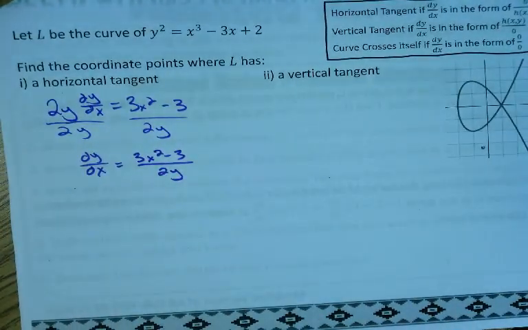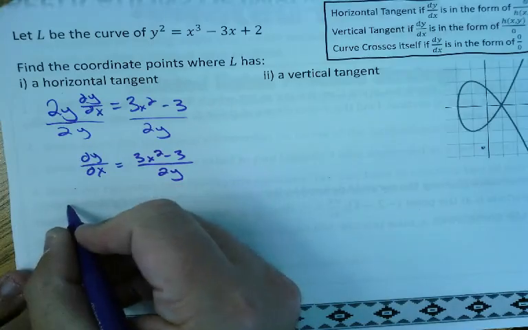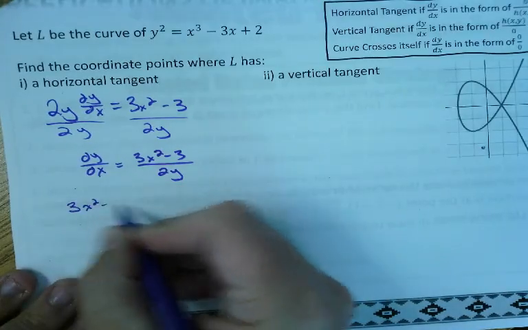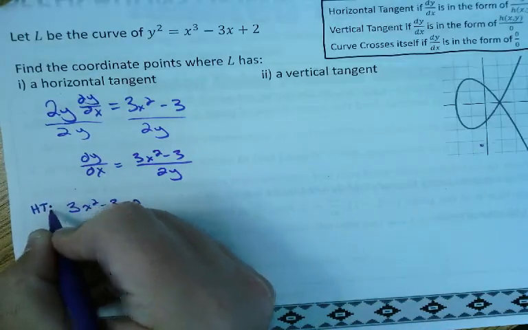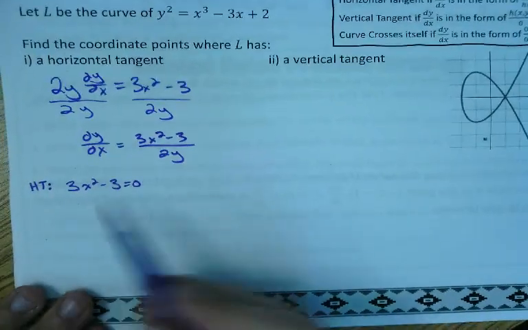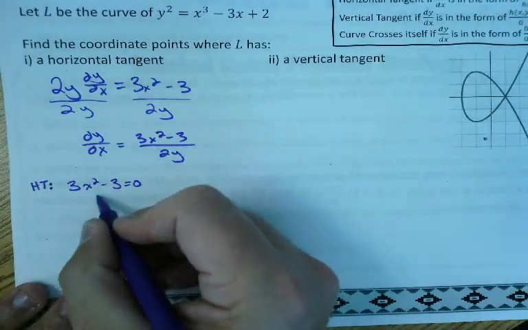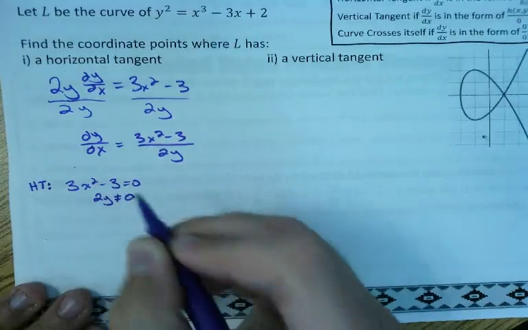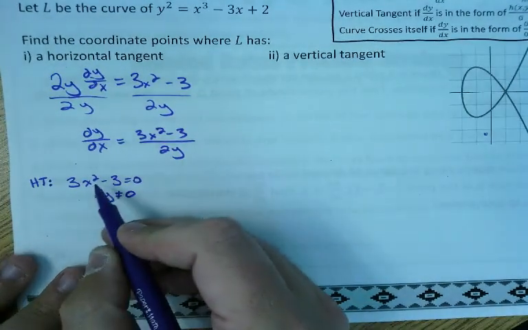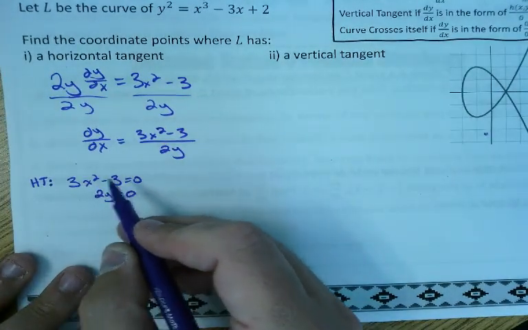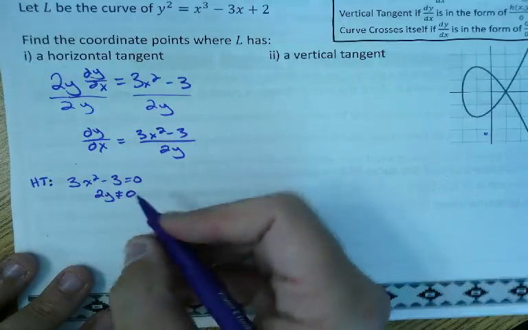To find the horizontal tangent, I need to make sure that the top is equal to 0. So I'm going to set 3x squared minus 3 equal to 0. I'm going to put an HT here, which stands for horizontal tangent. Also, 2y cannot equal 0, so we just need to check it. For the 3x squared minus 3, I can just divide everything by 3, right?